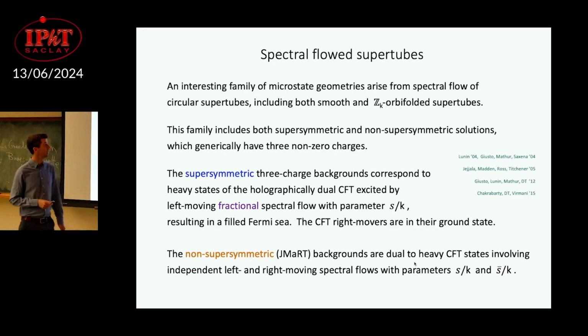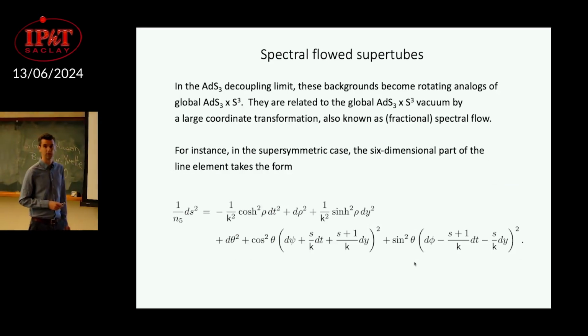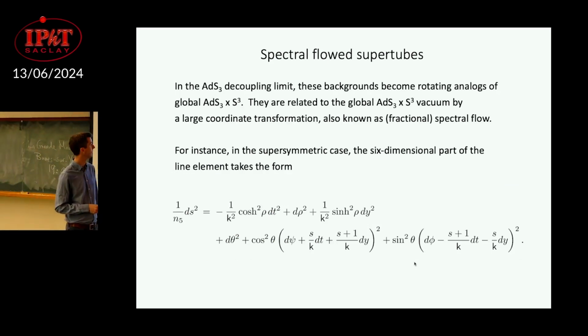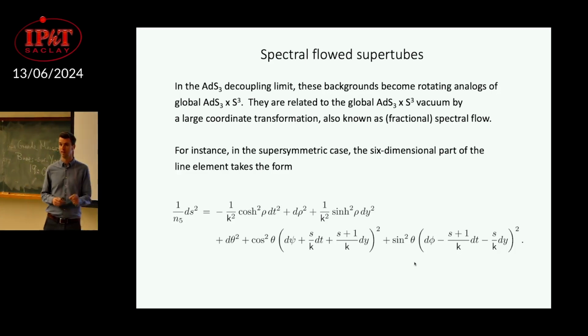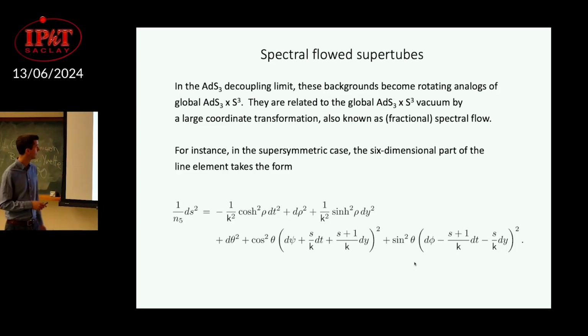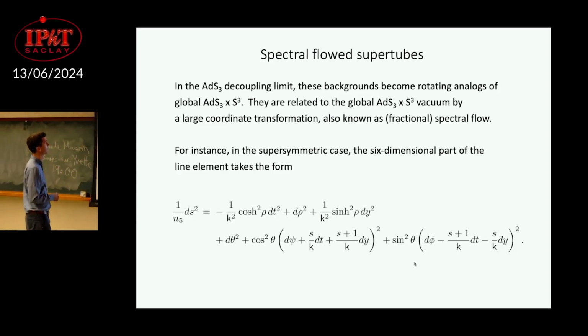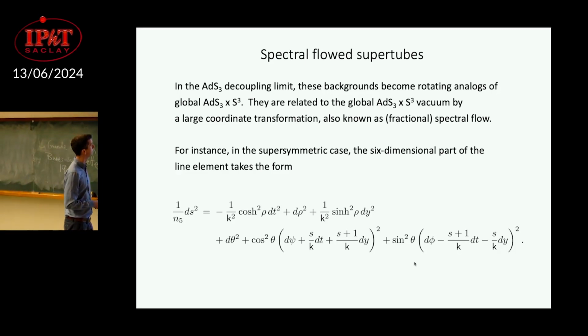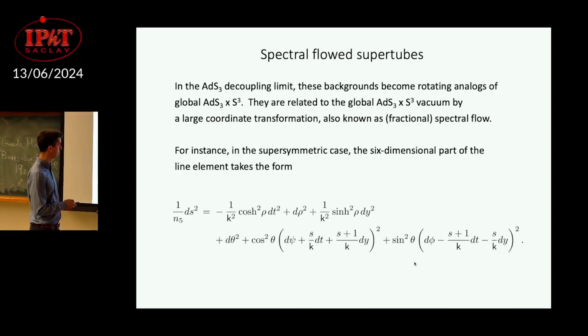Okay, so I mentioned that this fractional spectral flow corresponds in supergravity to a large coordinate transformation. So it's simple to write down the AdS3 decoupling limit of these solutions, where here I'm focusing just on the supersymmetric subset of solutions. And so in the supersymmetric case, when we take the AdS3 decoupling limit, these solutions are just rotating analogs of global AdS3 times S3.